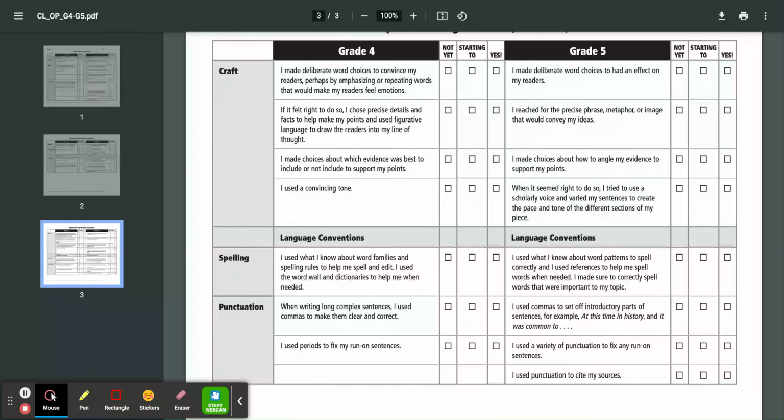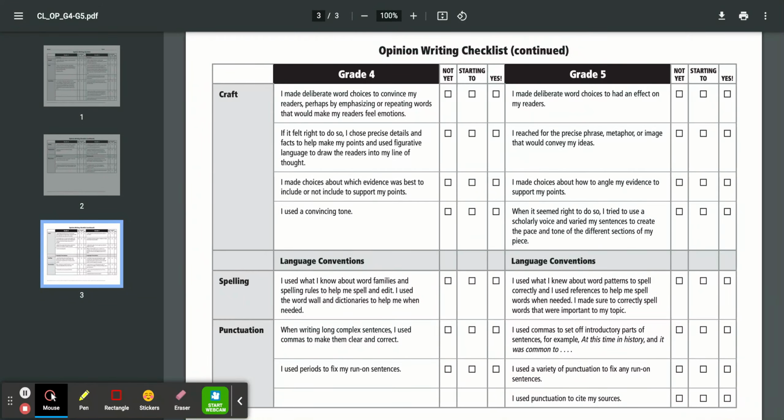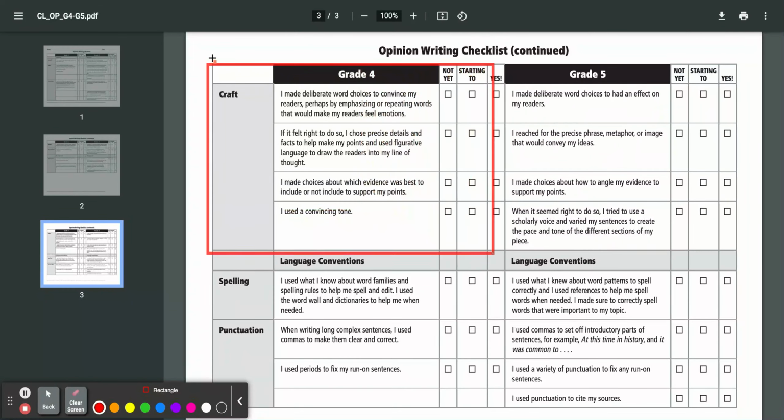So the next thing we're going to look at is author's craft. And you are the author. So we're over here in this section. Did you make deliberate word choices to convince your reader?